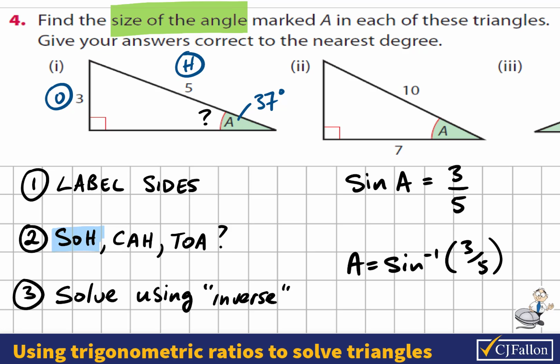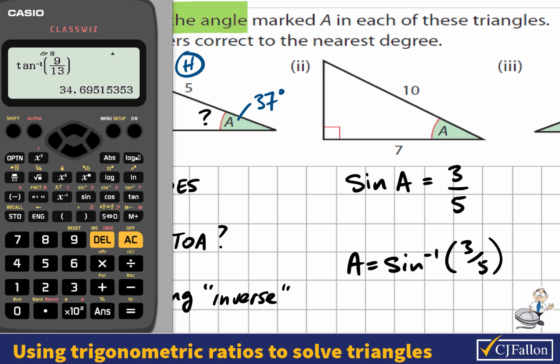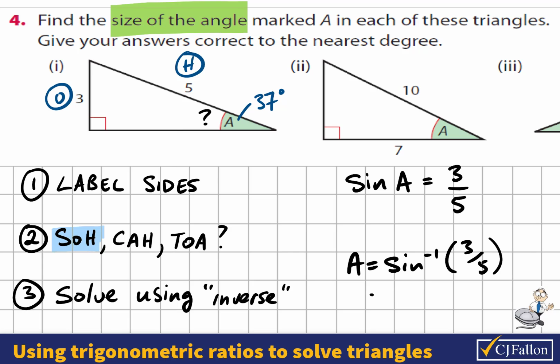And that's what I type into the calculator. And it's telling me it's 36.86, which is closer to 37. So I'm saying this rounds off as 37 degrees to the nearest degree.